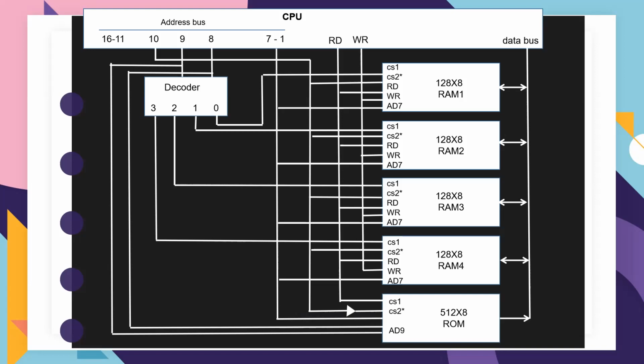So these are the different RAM or memory selections for different sizes, and this is only the example of a 1024 size memory connection to the CPU.